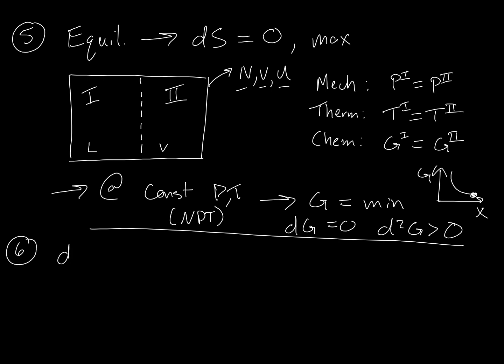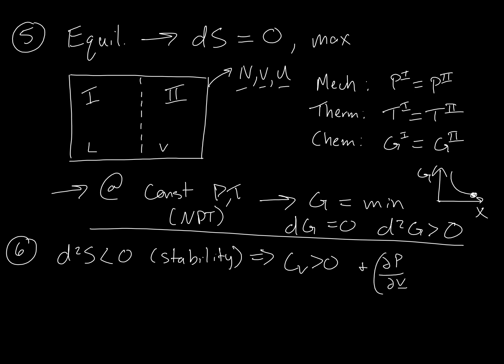We used the stability criteria of entropy to show, well, we didn't really show it, but we talked about how one might show it, that the heat capacity is always greater than 0, meaning that if you put energy into a system, its temperature has to go up, and a relationship between P and V that always has to be less than 0.